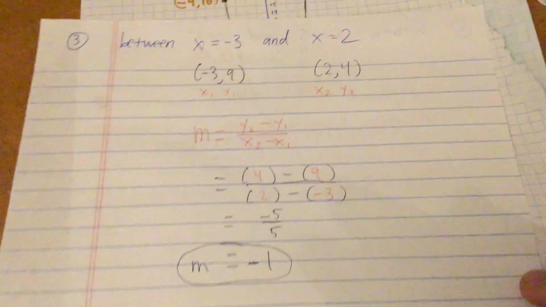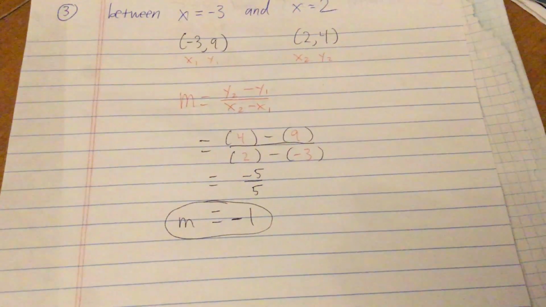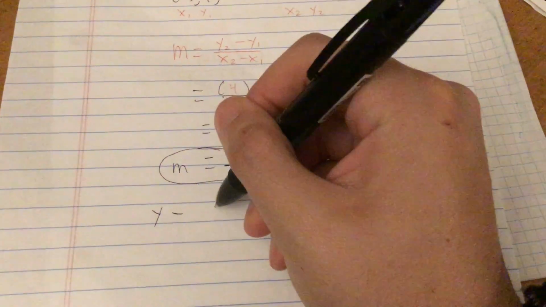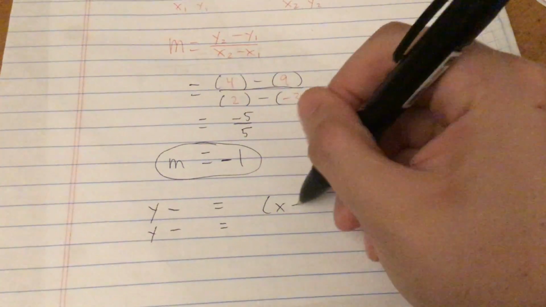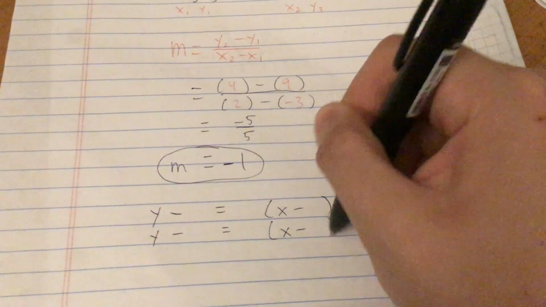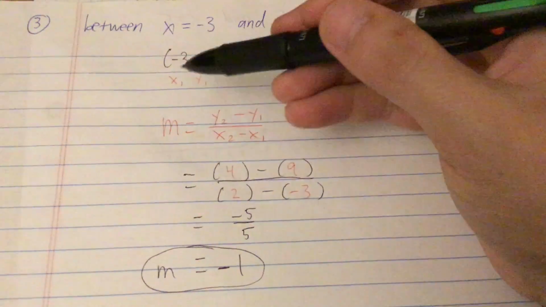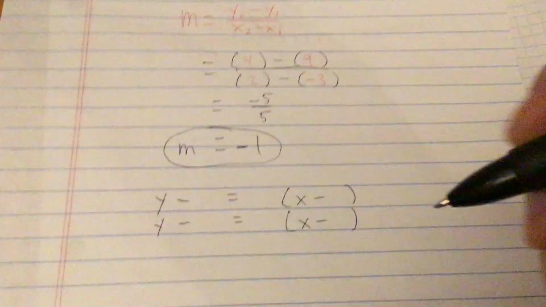So if the slope is negative 1 and I've got 2 points to play with, well, I could just choose one of the points and convert that into point-slope form and thus try to convert it into slope-intercept form. So I know I said I didn't like double negatives. I just want to make sure that you guys are comfortable with it. So for the sake of argument, I'm going to pick x equals negative 3, y equals 9.